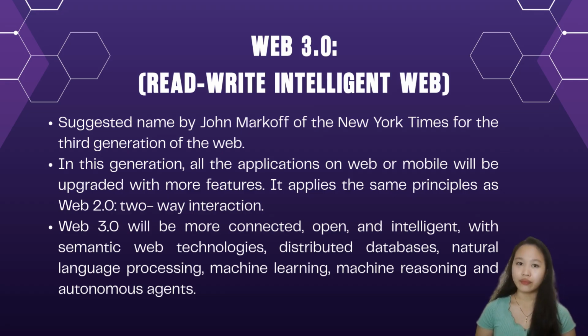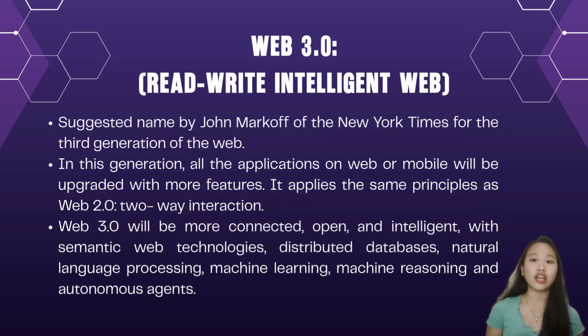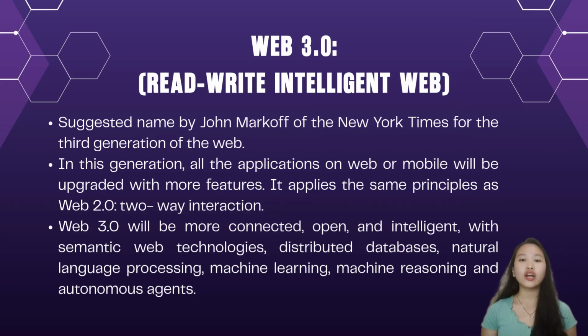For example, instead of simply chatting with a customer service agent online, you might talk with an AI chatbot that understands your problem and gives helpful, human-like responses. It's like the internet is evolving from being interactive to being intelligent.